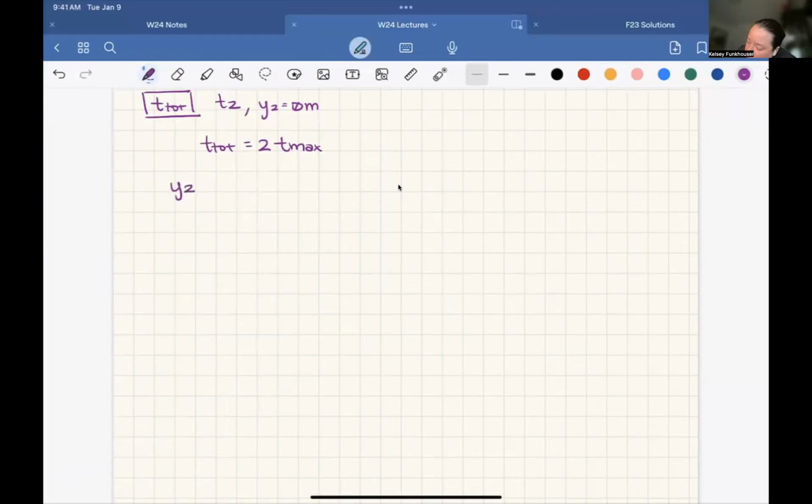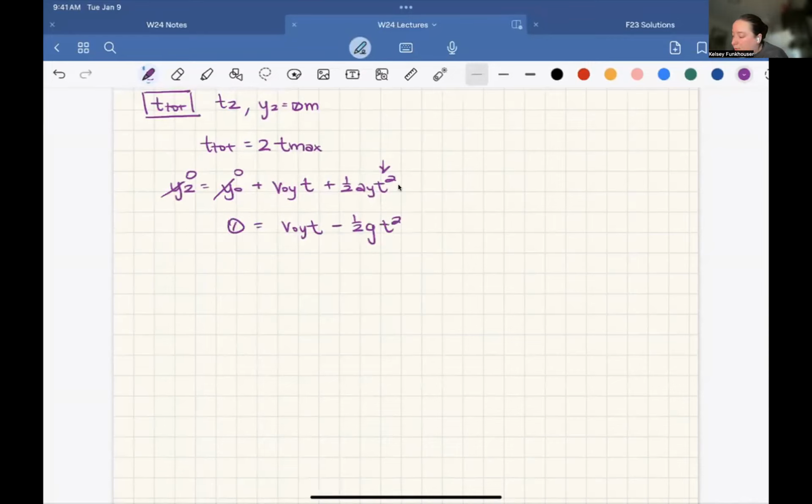Anyway, y2 equals y naught plus v naught y t plus 1/2 ay t squared. Both of these are 0, and we're trying to find this time. So we have 0 equals v naught y t, and I'm going to plug in for g here, minus 1/2 g t squared. But this equals 0, and both terms have a t in it, so we can just divide everything by that and get rid of one of those, which is nice.